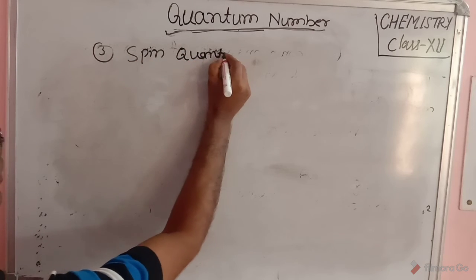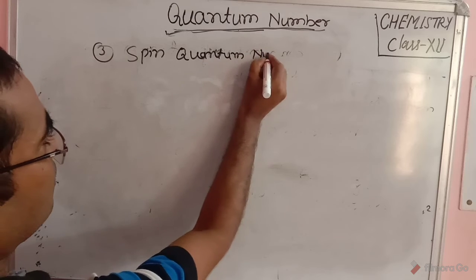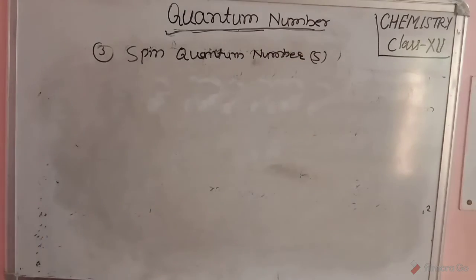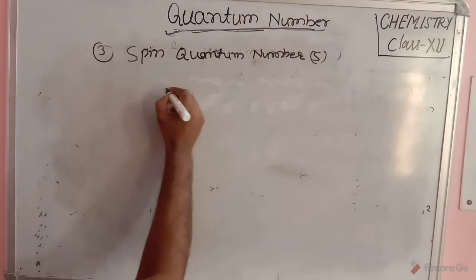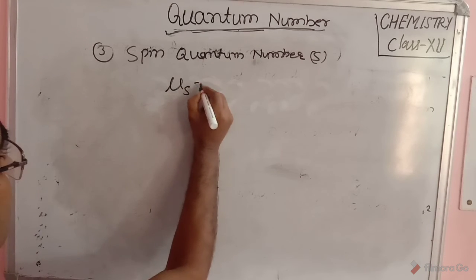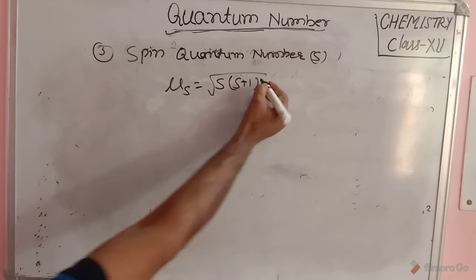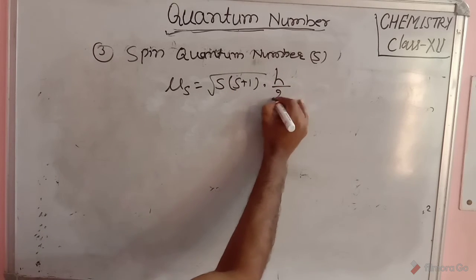Spin quantum number. It is denoted by small s. That means spin value. Spin value you are going to calculate. You can calculate mu s is equal to root of s into s plus 1 times h by 2 pi.